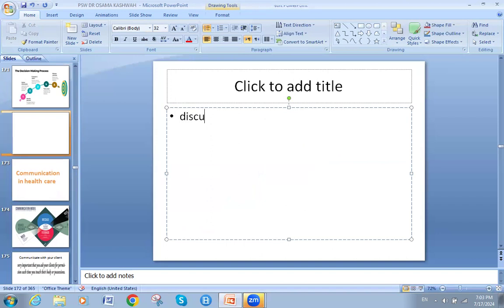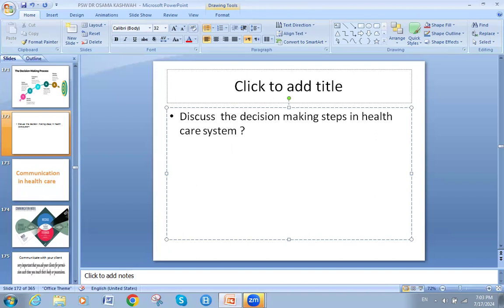Discuss, this is our question now, the decision-making steps in the healthcare system as a PSW.